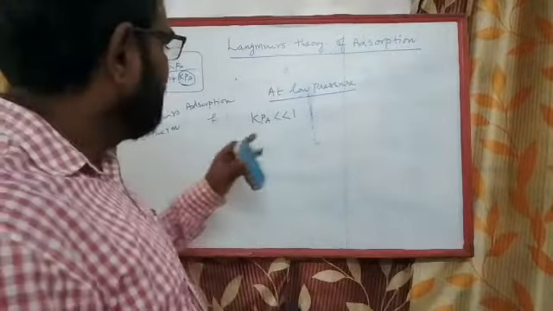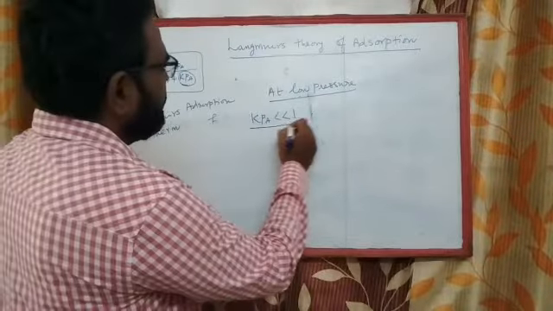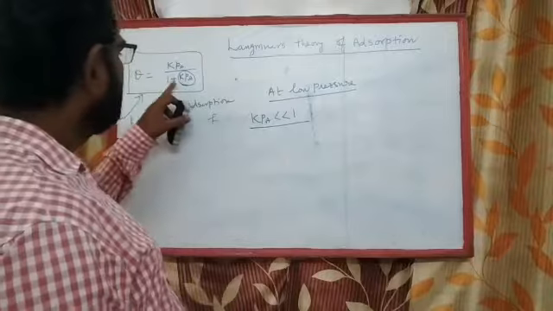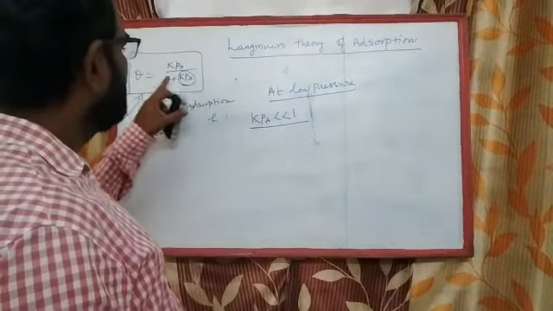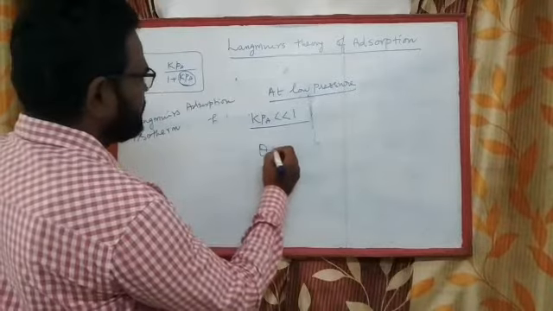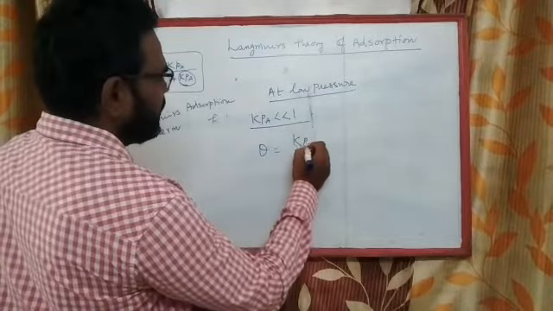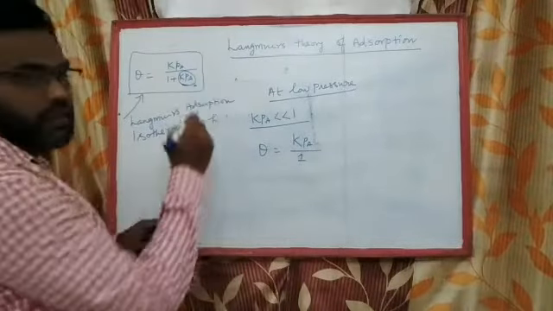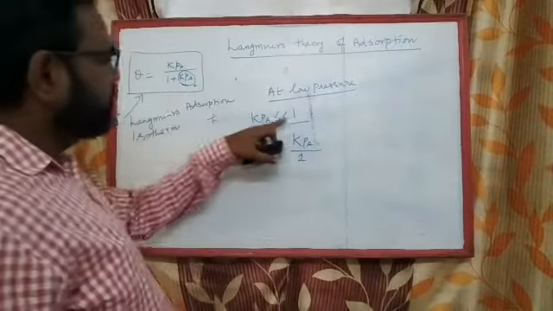So I make a correction here. When K Pa is far less than 1 at low pressure, the 1 plus K Pa in the denominator becomes 1, since K Pa is very, very small compared to 1.